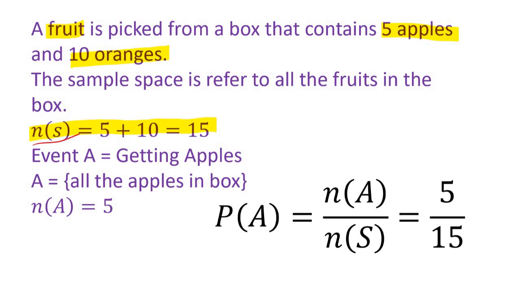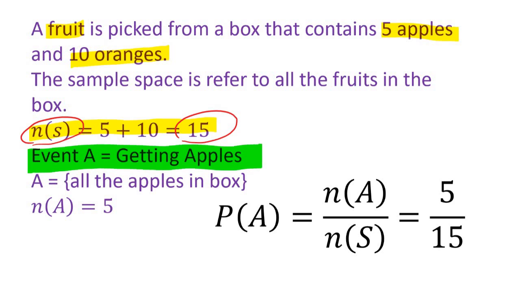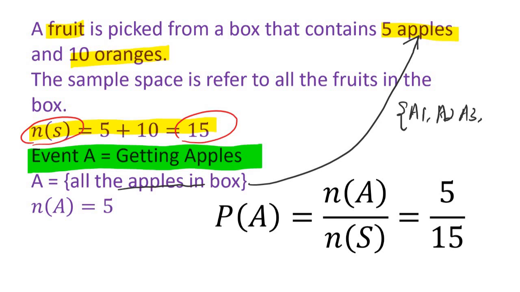Number of sample space is equal to 15. And now the event is getting an apple, which refers to the 5 apples in the box: A1, A2, A3, A4 and A5.